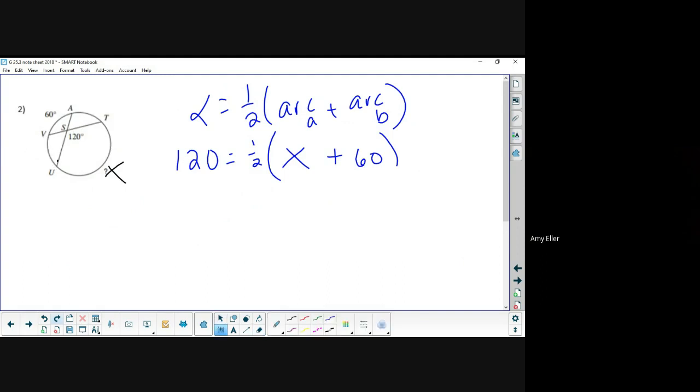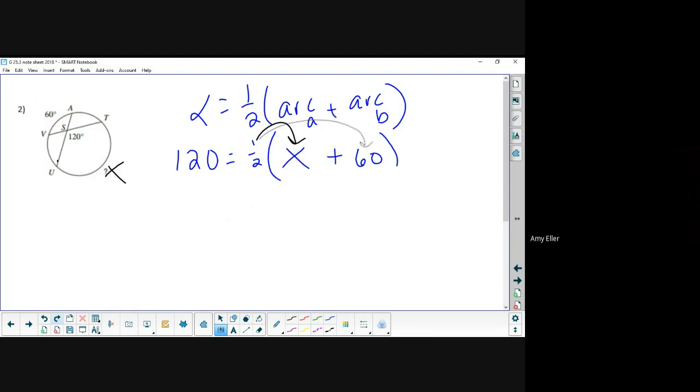Let's talk about this. Many of you like to distribute. You are very good at it. That is not wrong. You could distribute here. Here's why I wouldn't. If I distribute a half, aren't I going to still have a fraction? Aren't I going to have half X? So distributing doesn't really help me get rid of the half. It's not wrong to distribute it, but it still leaves me with fractions.